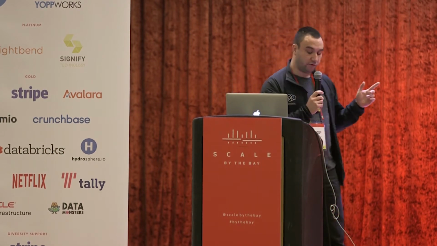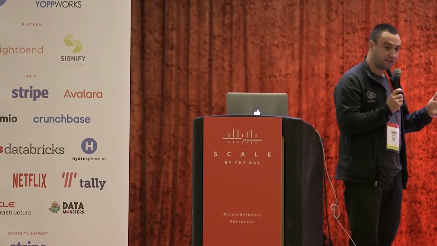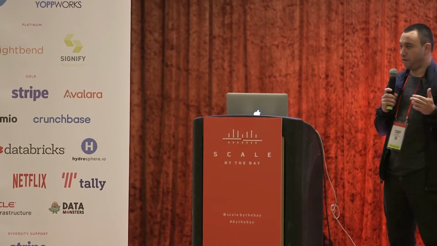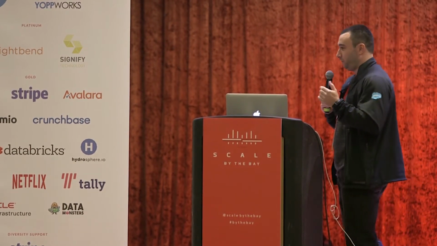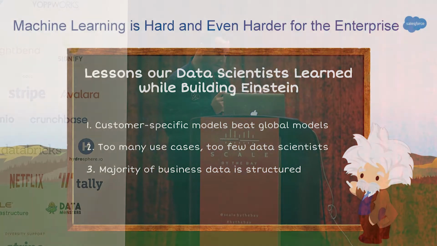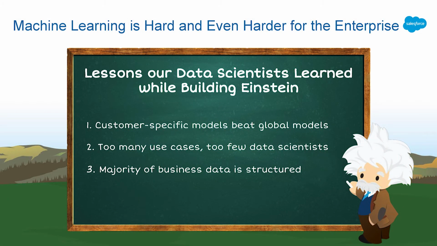Learning number two. There are many, many use cases at Salesforce that can leverage ML or AI, and way too few data scientists. Those two points together mean we need to automate the creation and the operation of a lot of ML pipelines at Salesforce. Essentially, at least one per feature per customer. And well, that's why we're here.